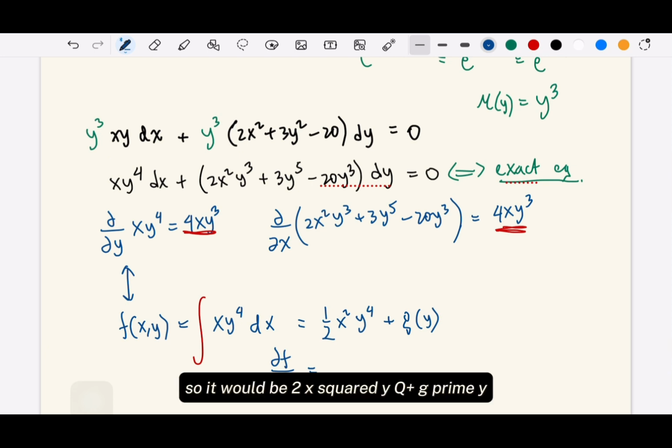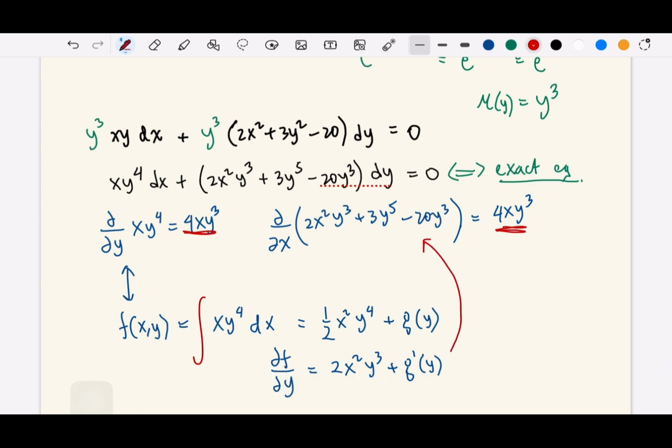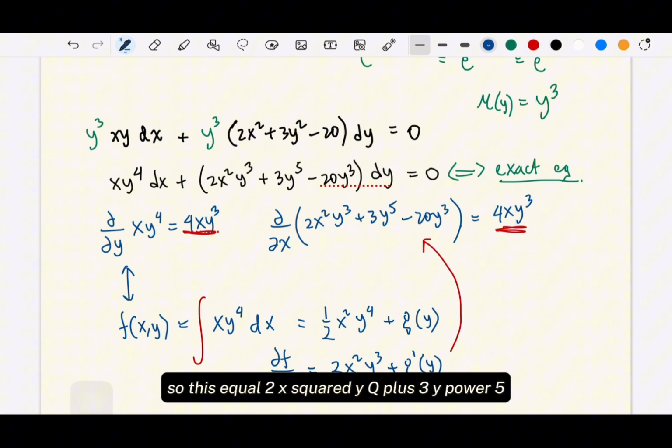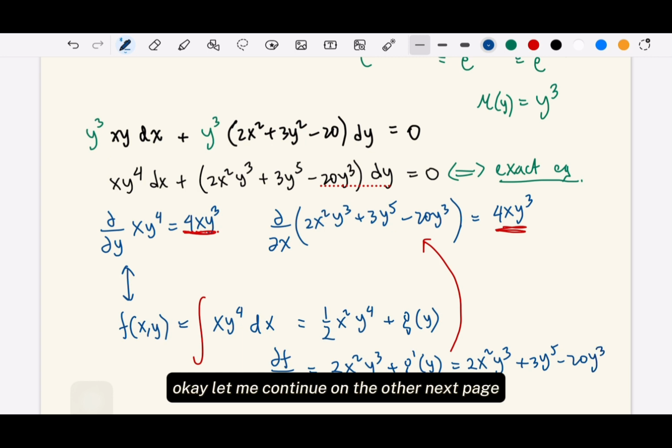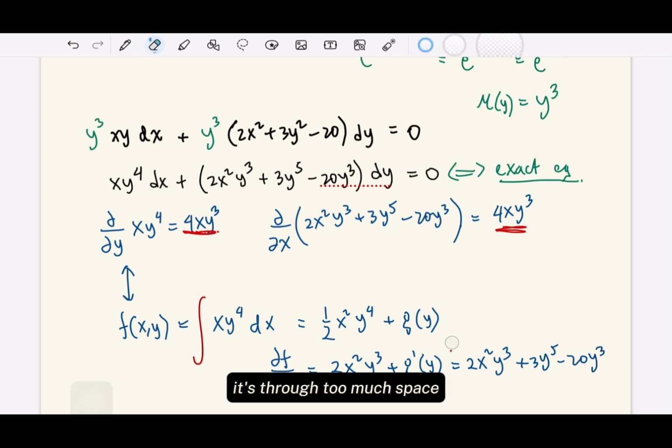So it will be 2x squared y cubed plus g prime of y, which should be equal to this, right? So this equals 2x squared y cubed plus 3y to the power of 5. Okay, let me continue on the next page. It's too much space.